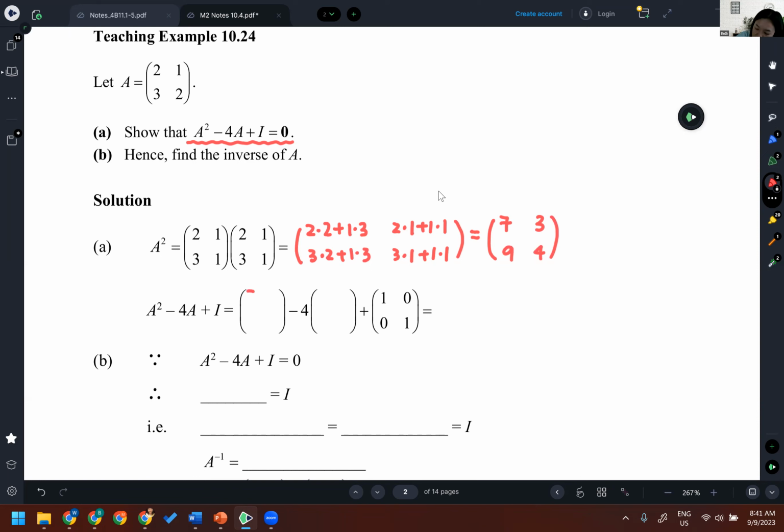Okay, so A is 2, 1, 3, 1, and that is 7 minus 8 plus 1, 9 minus... Why are they not equal? 9 minus 12 plus 0.